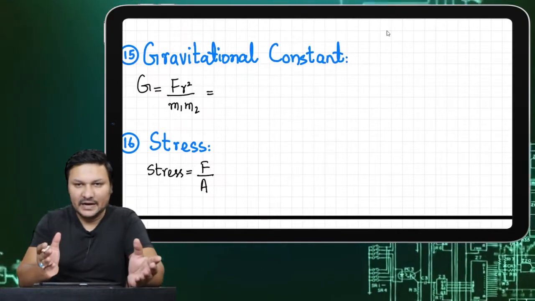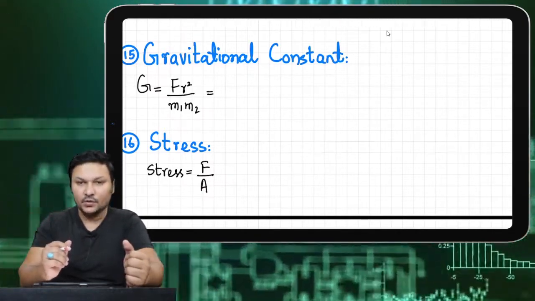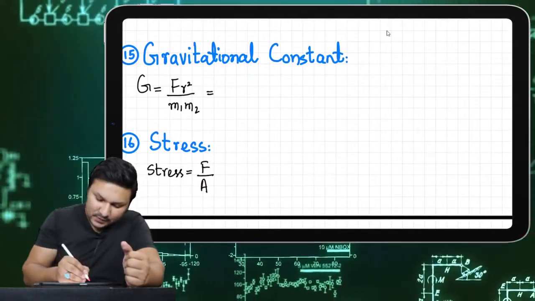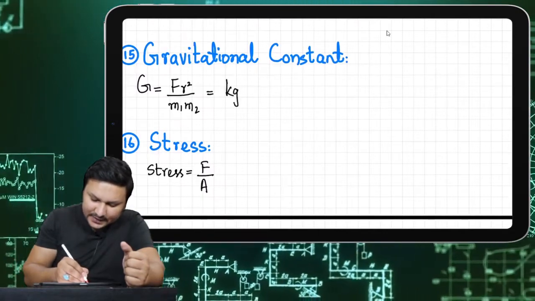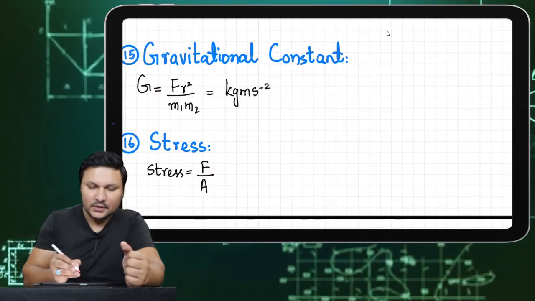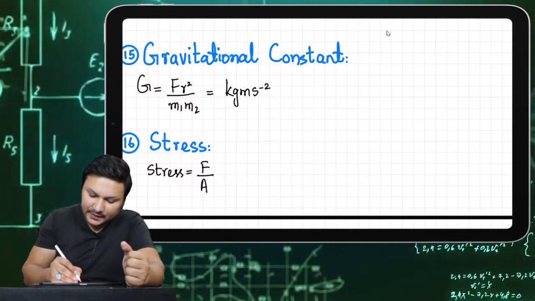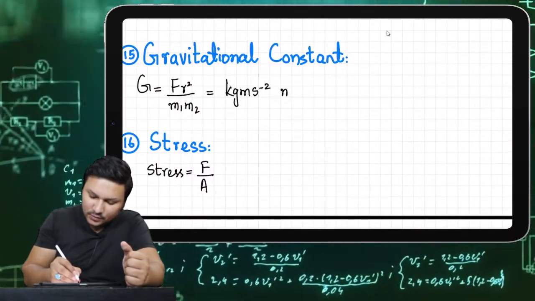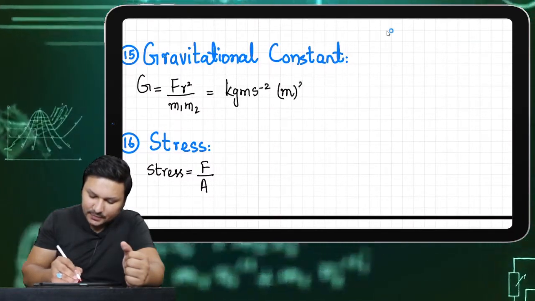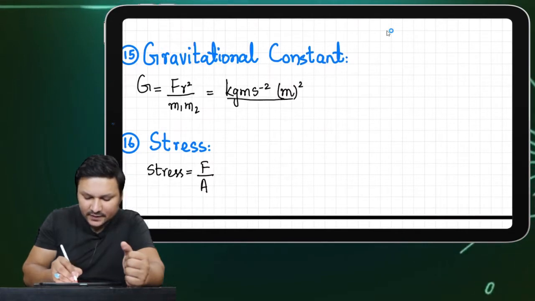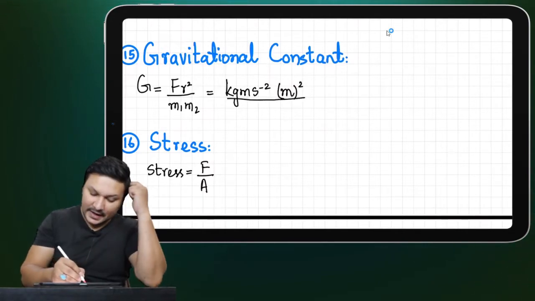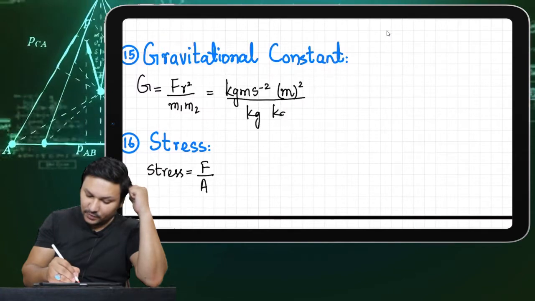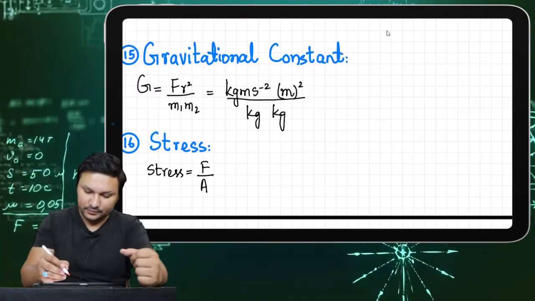So the formula for gravitational constant is F r square over m1 m2. So F is force, that is kg ms minus 2, as a base unit. r is the distance, so measured in unit meter. Square is given, so I have put the square, and kg for both masses m1 and m2.